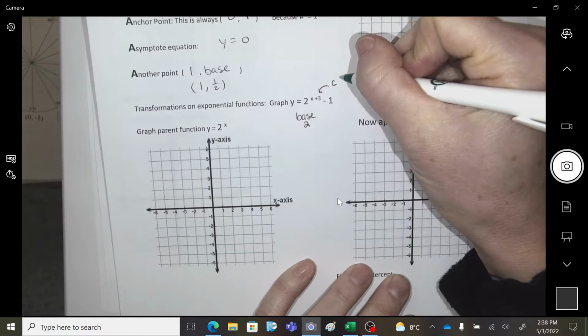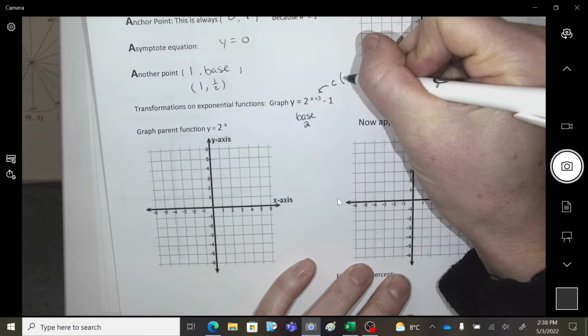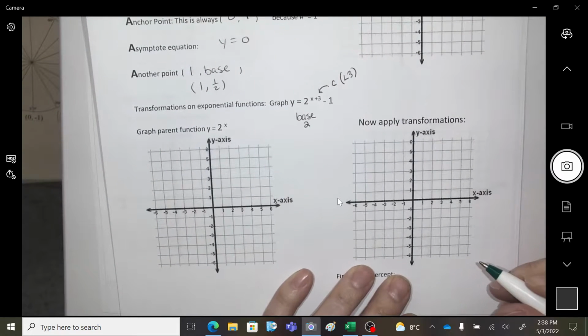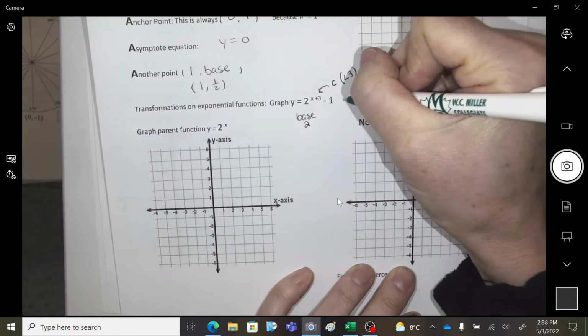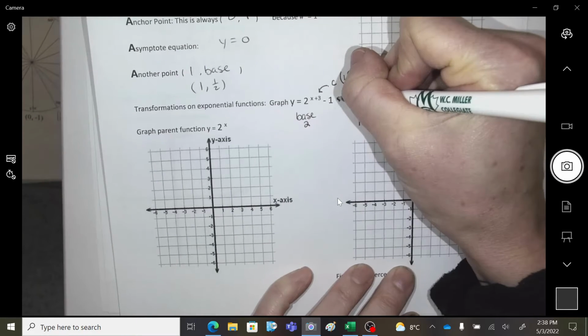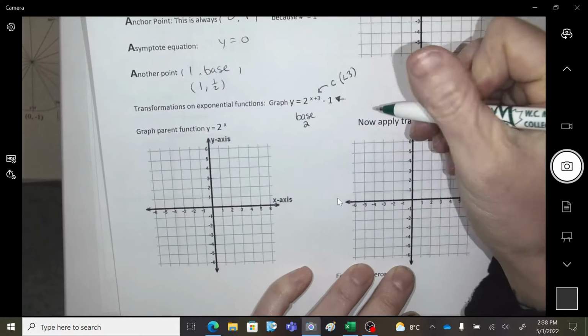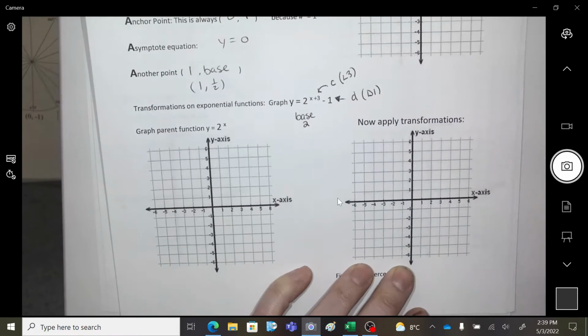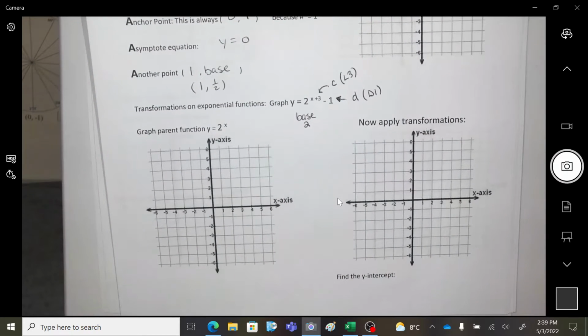That's a C. So we are going to be moving what? Left 3. And this -1 is a D. So I'm going to be moving down 1.